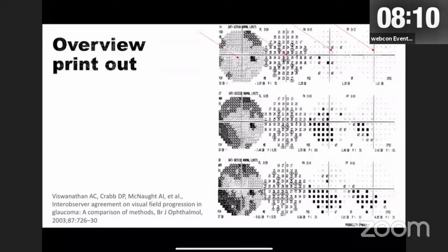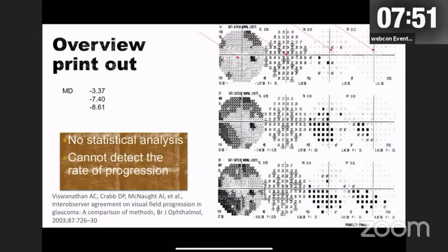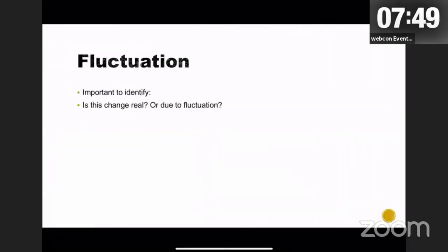In this particular overview printout, we can see that mean deviation is progressing from minus 3.37 to 7.4 and then 8.61. We also can see the date pasted here in the overview printout. But the important thing is that there is no statistical analysis and it cannot detect the rate of progression.